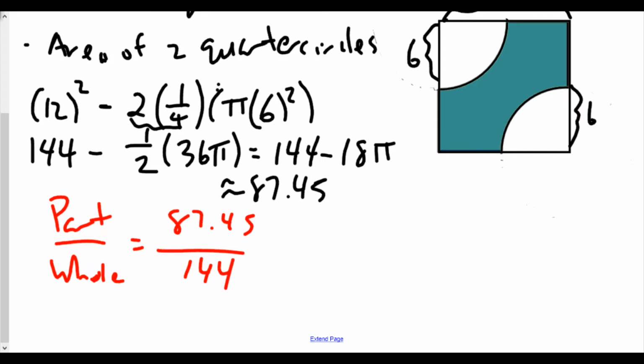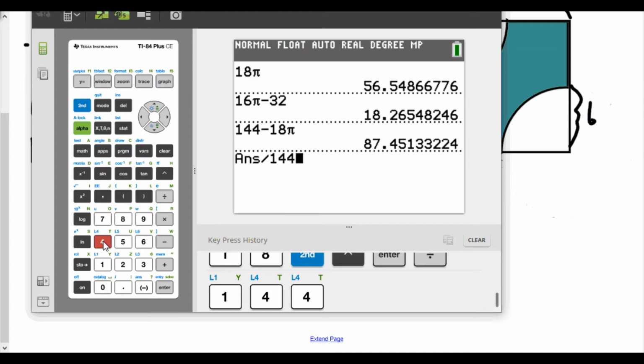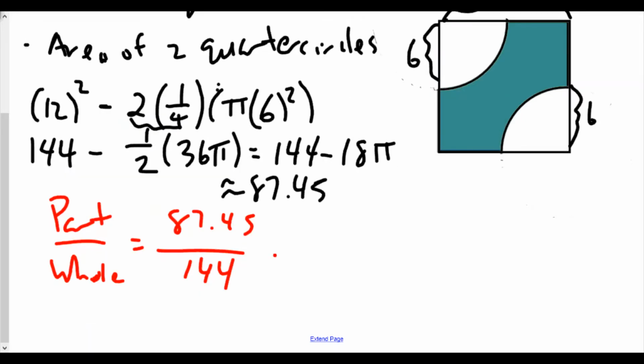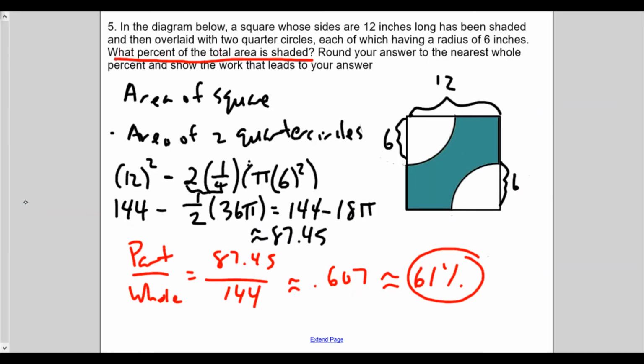I'm actually going to keep my value in my calculator and just divide by 144, the whole area of the square, and we get 0.607, which approximates to about 61%, because we're looking for the percent to the nearest whole percent. Again, round your answer to the nearest whole percent, and of course show the work.